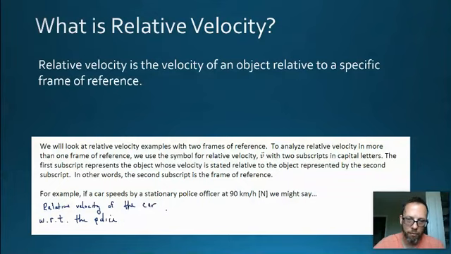That can be quite a handful to write out, so the short form of saying that is the velocity vector, the relative velocity of the car with respect to the police.